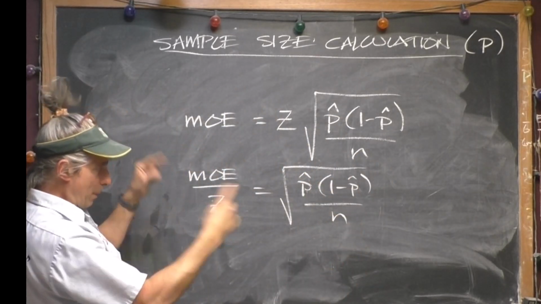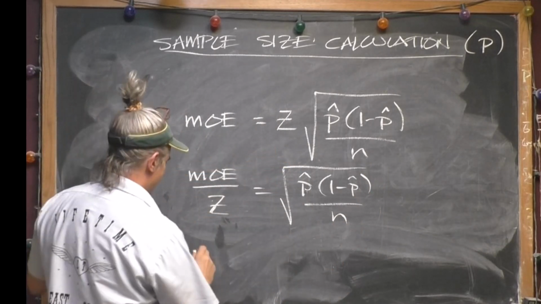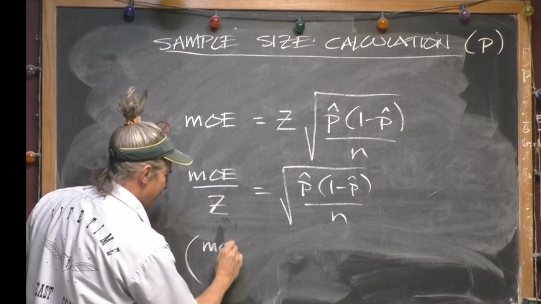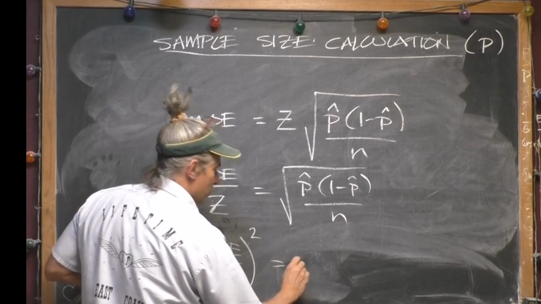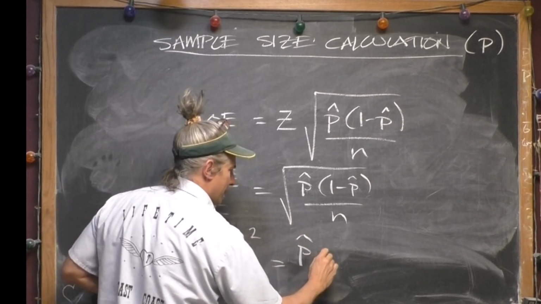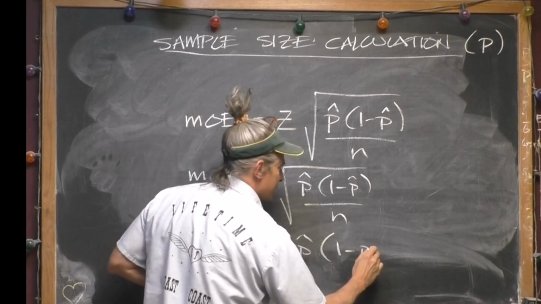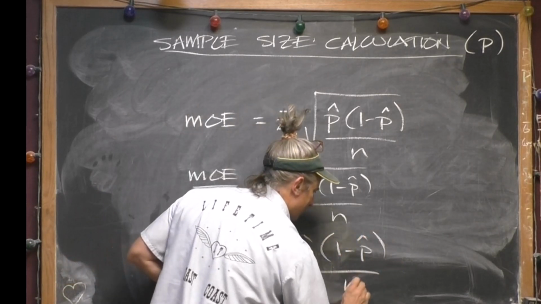Okay, now I'm going to square both sides to get rid of that square root. That's going to be margin of error over z squared equals P hat times 1 minus P hat all over n.